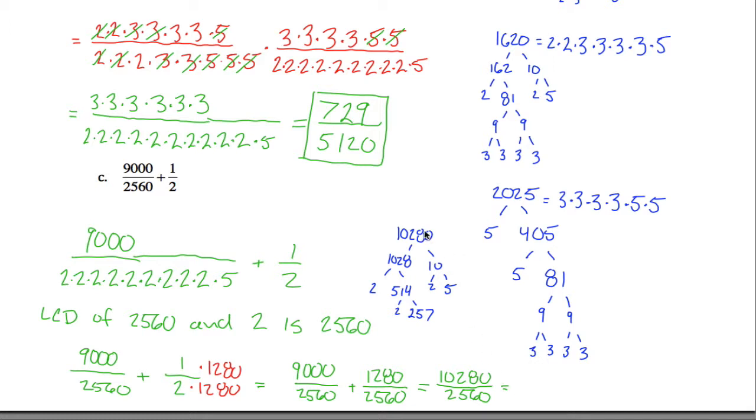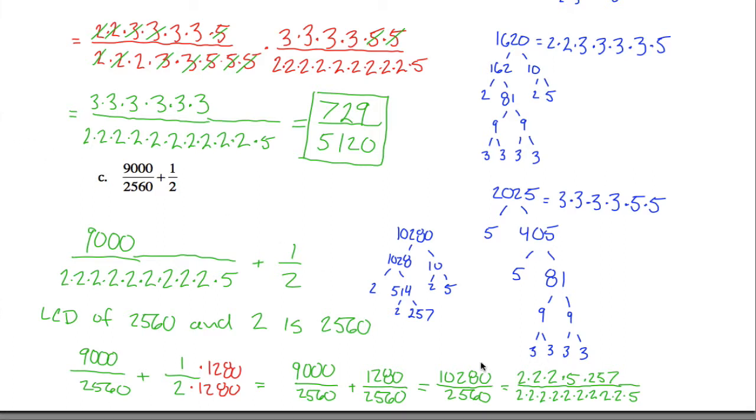I have the prime factorization of this 10,280 here. It's 2 times 2 times 2 times 5 times 257. And then in the denominator, this 2560, I already have that prime factorization. It's all the 2's, 9 of them, and a 5.